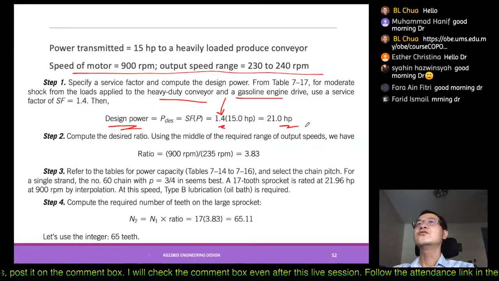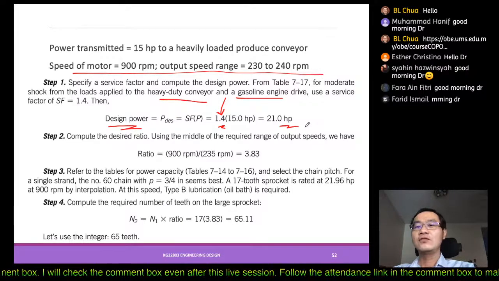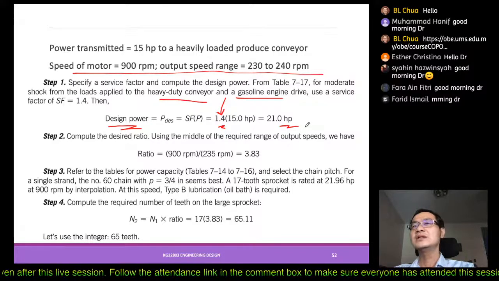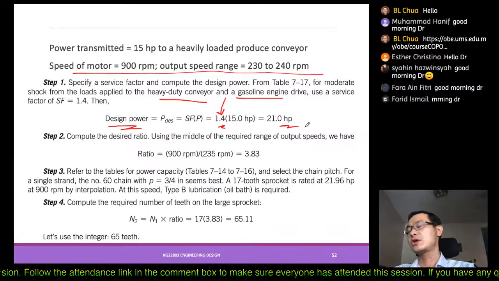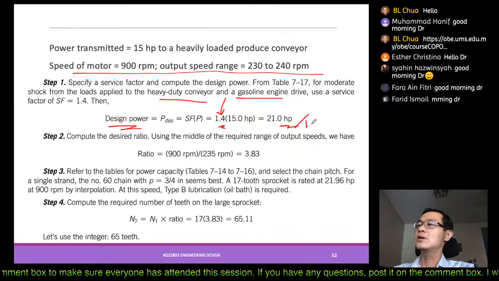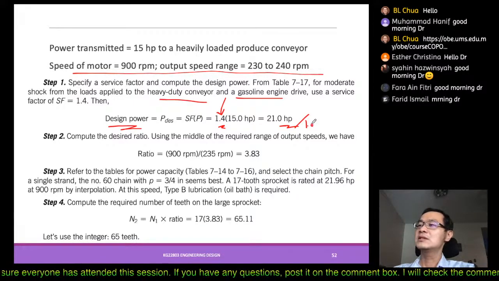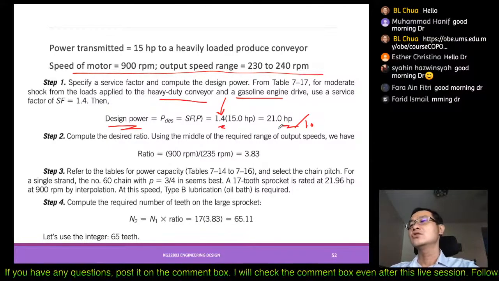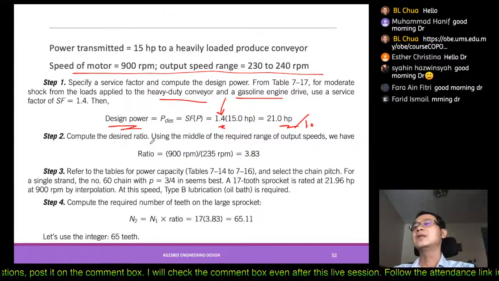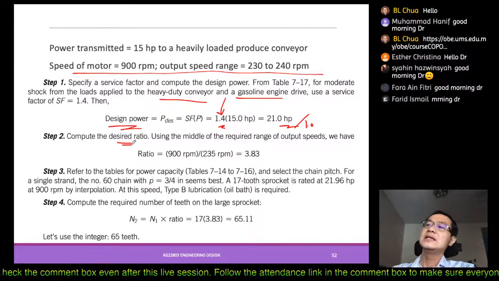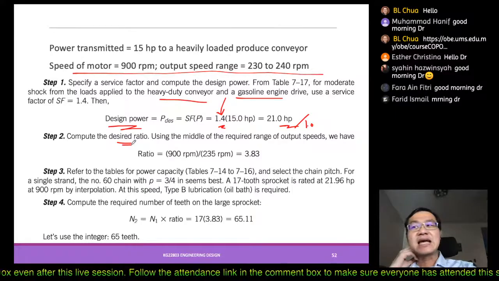Now if we start with this design, and we want to use one single strand, then we don't have to divide anything. This divide by 1, so one single strand, so the design power remains the same. So using this design power, now we also need to identify the desired ratio.